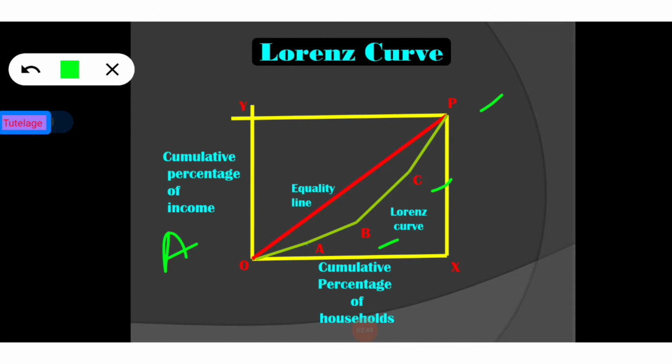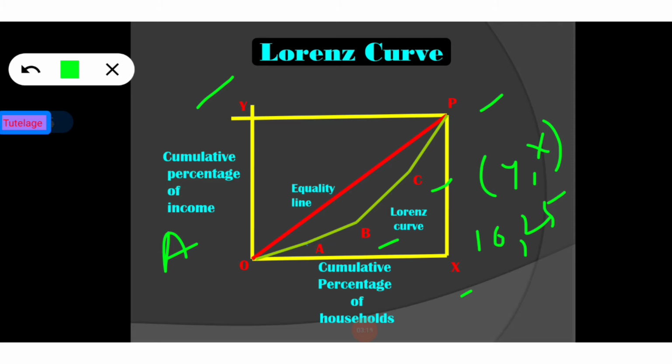Okay, so we know we have two axes, the y axis and the x axis. So the point is y comma x. For point A, the value of y is 10 and the value of x is 25. Now we are plotting it in the graph.